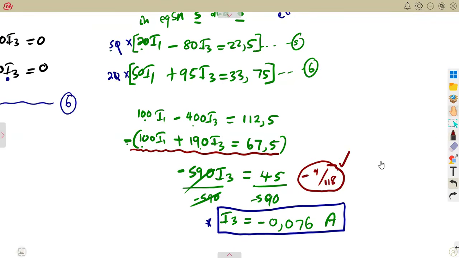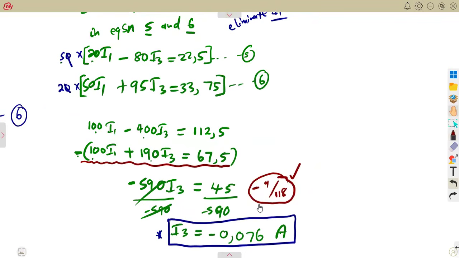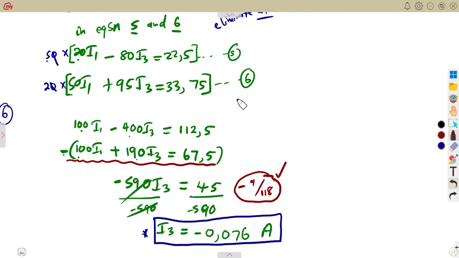Remember, guys, with your elimination, you have calculated I3. You can use any one of these two equations, from equation 5 and 6, to find I1. Let's take equation 5. From equation 5, we are given that 20 I1 minus 80 I3 is equal to 22.5.